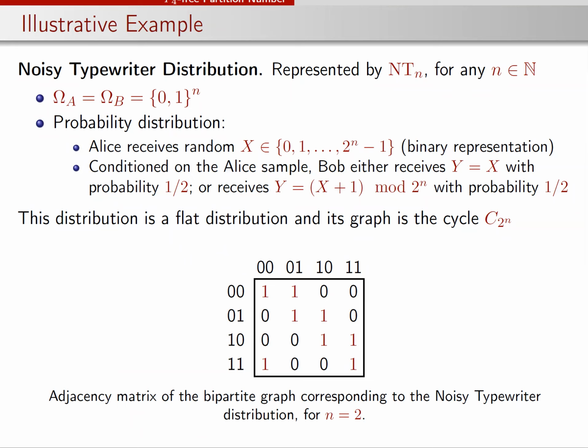The noisy trivector distribution gives Alice a random n-bit string X, and conditioned on Alice's sample, Bob either receives the same n-bit string with probability half, or receives X plus 1 modulo 2 to the power of n with probability also half. And clearly, this is a flat distribution. And note that its graph is a cycle.